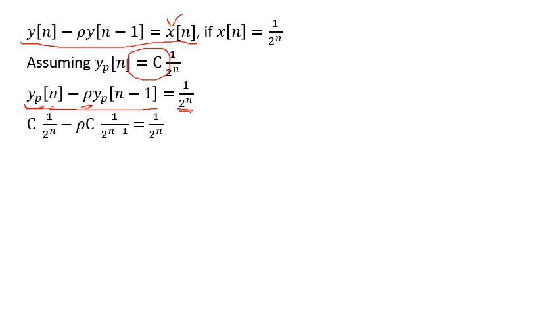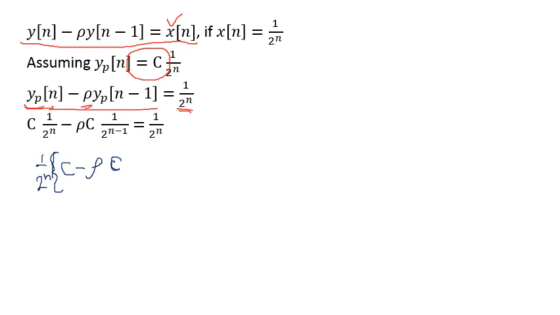So by simplification, we can take out 1 over 2 power n common, right? If I take 1 over 2 power n common, what I'm left with is something like c minus rho c, right?